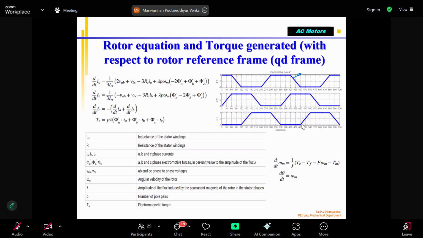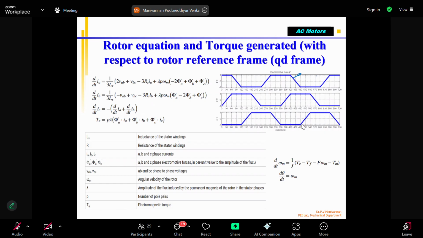Please note that if the voltage supplied to the stator is sinusoidal, the back EMF generated by the rotor magnet should also be sinusoidal. Then only will they sync with each other, giving maximum torque, and the motor will work efficiently. If the voltage applied to the stator coil is trapezoidal, for which you use the concentrated winding motor only, you will supply trapezoidal voltage.